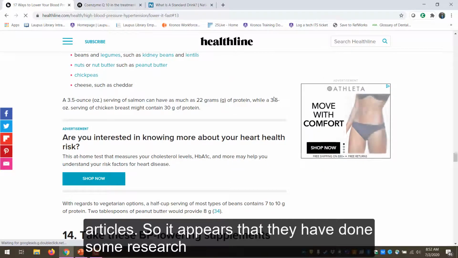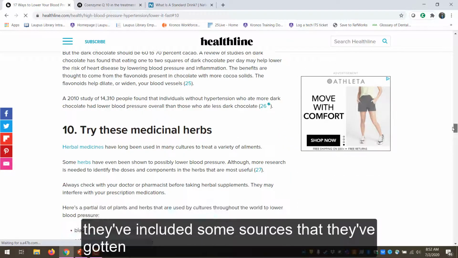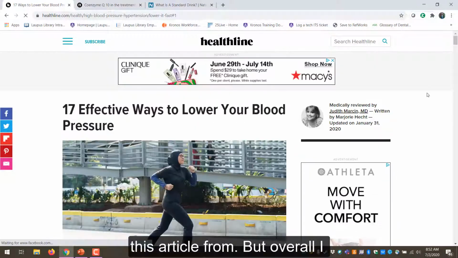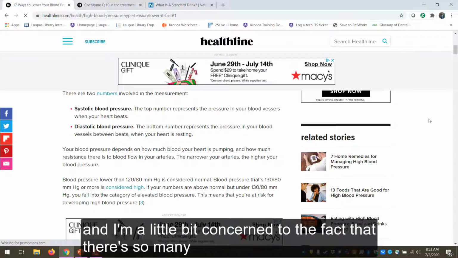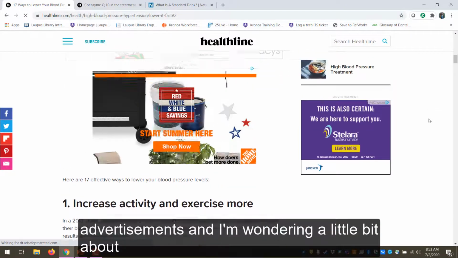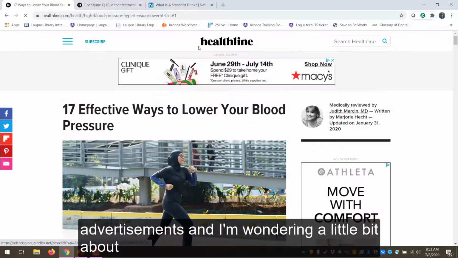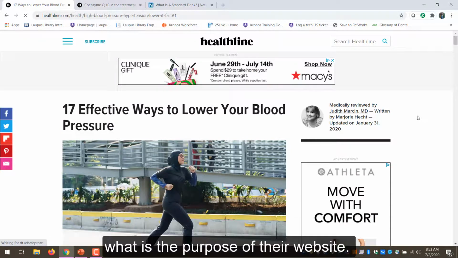So it appears that they have done some research. They've included some sources that they've gotten this article from. But overall, I would also want to know more about the author who originally wrote the article. And I'm a little bit concerned about the fact that there's so many advertisements, and I'm wondering a little bit about the website Healthline, as it's a .com website, and I'm wondering what is the purpose of their website.